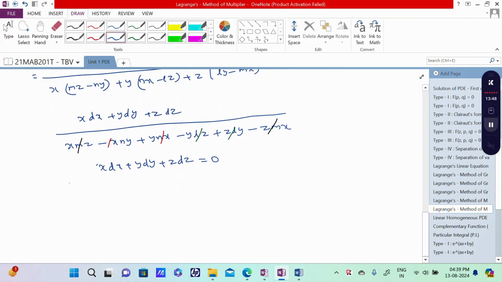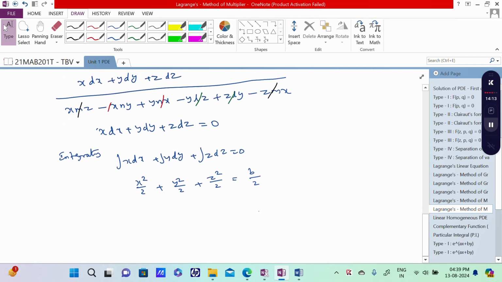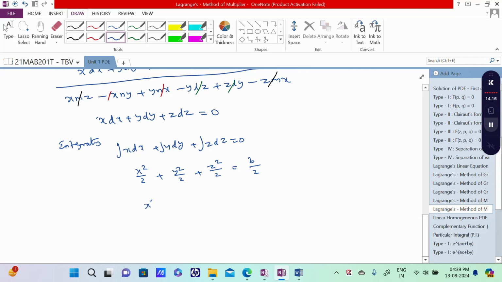Now integrating, we get x square by 2 plus y square by 2 plus z square by 2 equal to a constant b. For simplification I take b by 2, or you can take b only, it's no issue. Now x square plus y square plus z square equal to b, so v equal to x square plus y square plus z square.